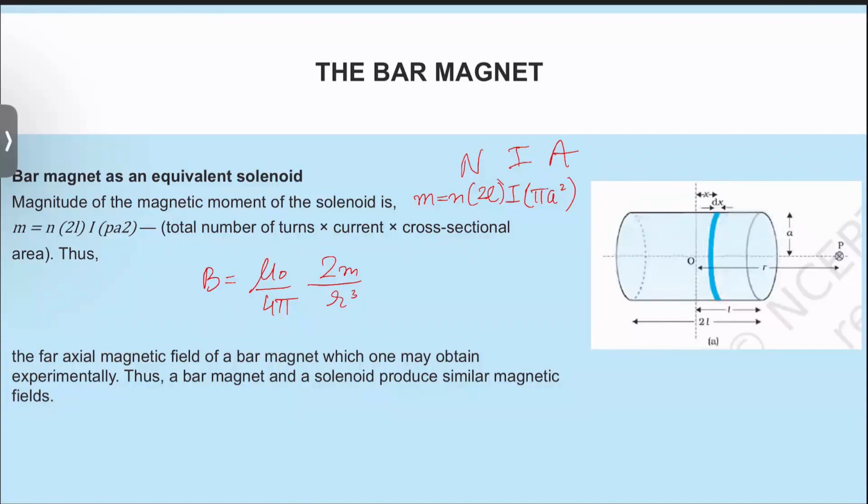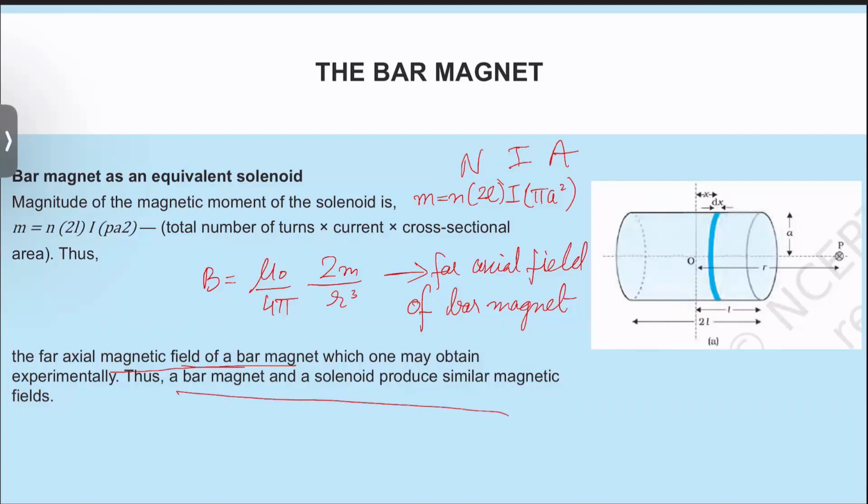So this is your far axial magnetic field of a bar magnet. So we can say that a bar magnet and a solenoid produce similar magnetic fields.